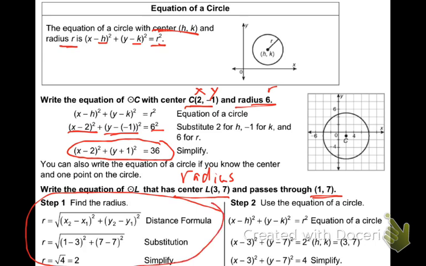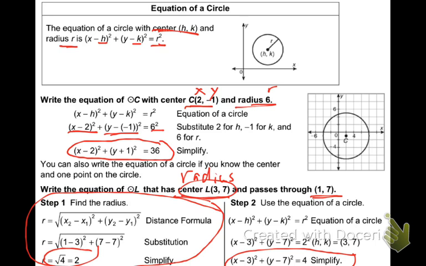So when they don't give you the radius and they give you 2 points, great. We know how to find the distance formula. We've been doing it about every day for the last month. So I'm going to subtract them, square them, add them, take the square root. You get 2. And then once you have the radius, you take your center and the radius and plug it into your equation, and you get the equation for that circle.